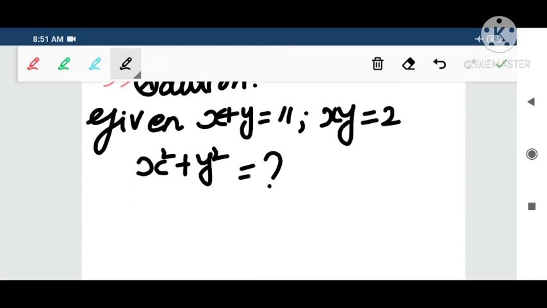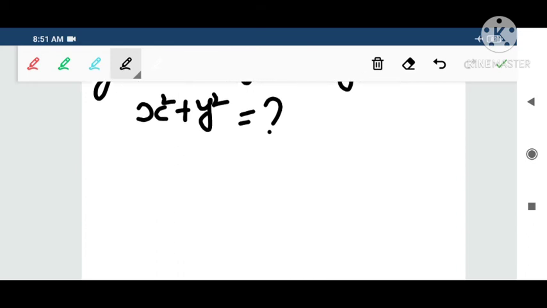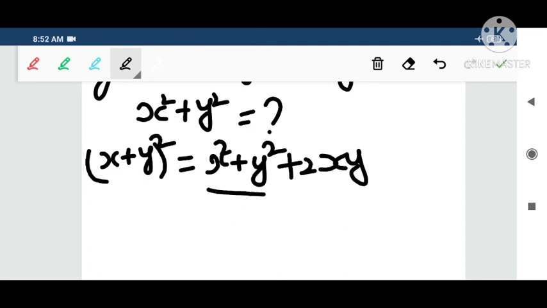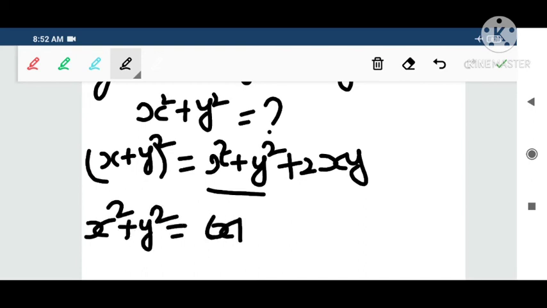Already you know that x square minus y square is written as (x plus y)(x minus y). And how can we write x square plus y square? By using the identity, (x plus y) whole square is equal to x square plus y square plus 2xy is the expansion. Here, take 2xy to the left. It becomes x square plus y square is equal to (x plus y) whole square minus 2xy.